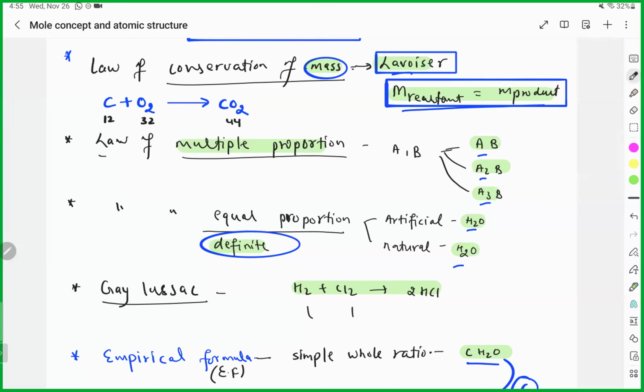Student: Will nuclear fission and fusion be exempted from this rule? Nuclear fusion and fission convert mass into some energy form.